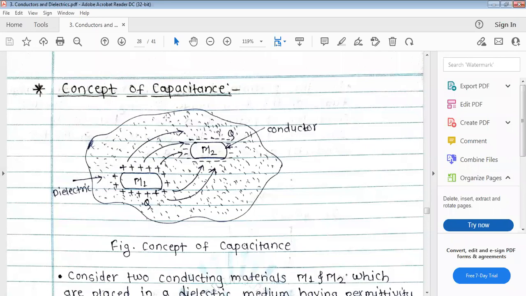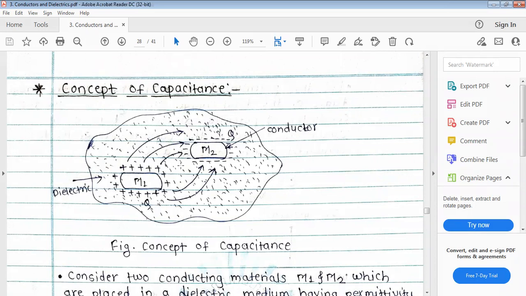Okay. So capacitance. All of you know what capacitance is, right? You already studied that. So here, just consider this figure for understanding. Here we are considering two conductors. The first conductor is M1 and the second conductor is M2.